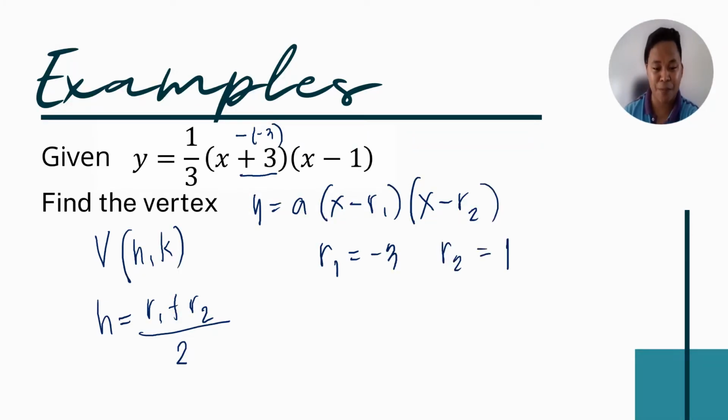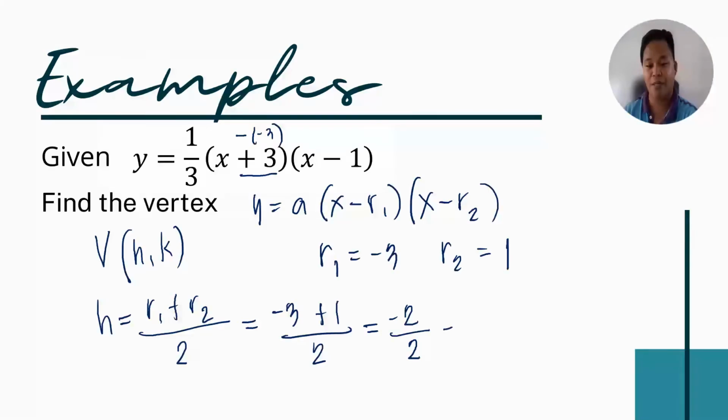Then, we can have the value of h now. We have negative 3 plus 1 over 2, which is negative 2 over 2, and the simplified form is equal to negative 1. So, h is equal to negative 1.